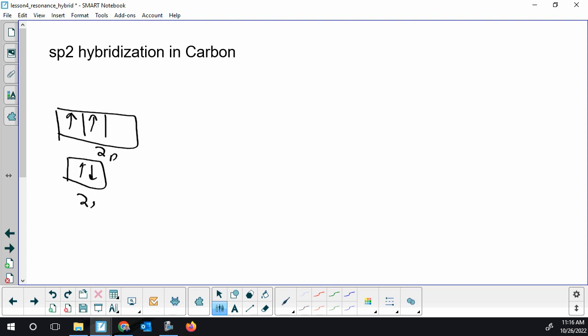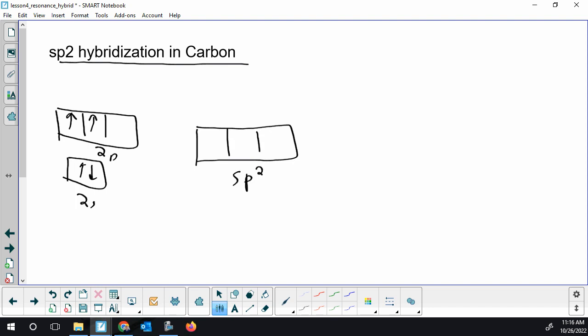Then I'm going to do the sp2 hybridization. So sp2 is how many orbitals? One s and 2 p's. So there's only 3 orbitals being mixed now. And then there's a leftover p orbital.